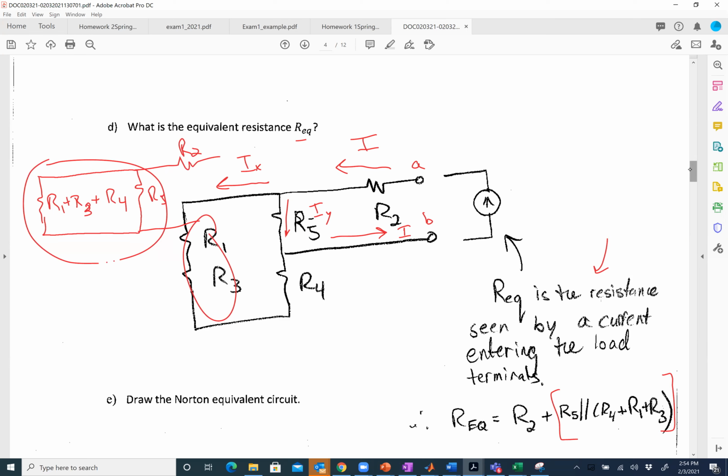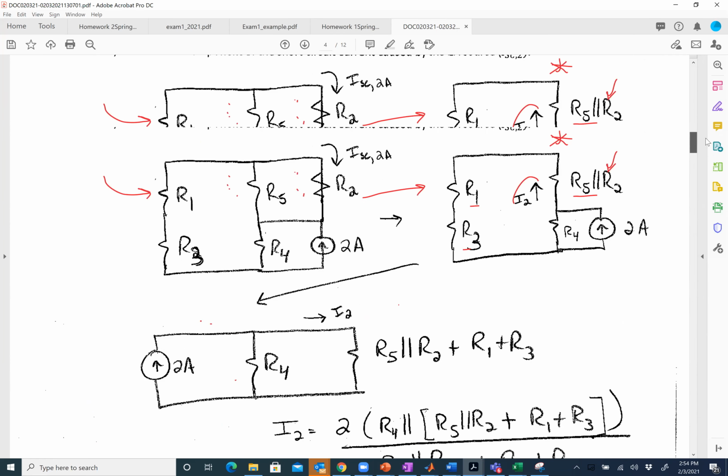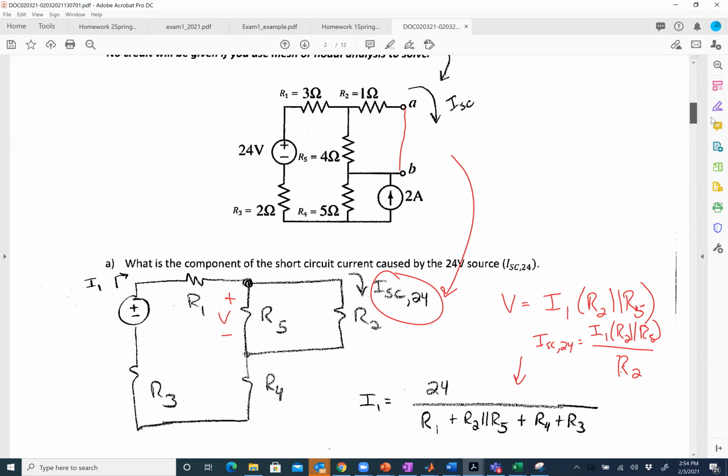This REQ is not the same as the first case in part A. If you were to do the equivalent resistance in this step, would it have to be the same equivalent resistance as in part A? Yeah, I guess it is, right?